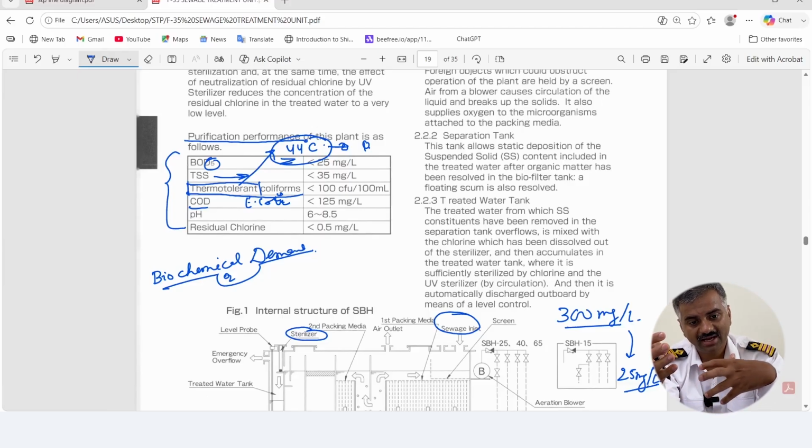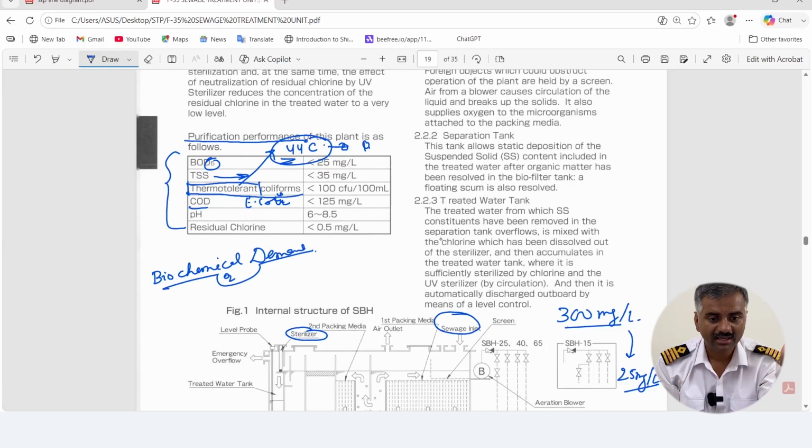Since they are less damaging to the marine environment, it is allowed that at the end of the treatment chamber only up to 125 ppm, or mg per liter, of COD is allowed.